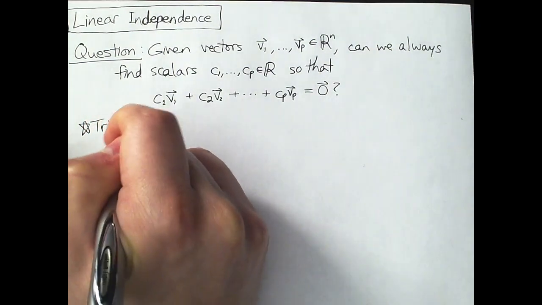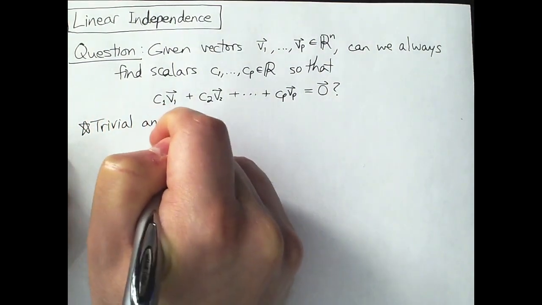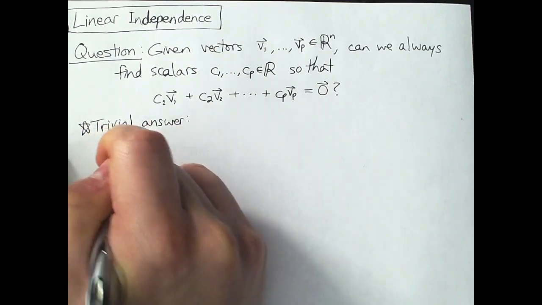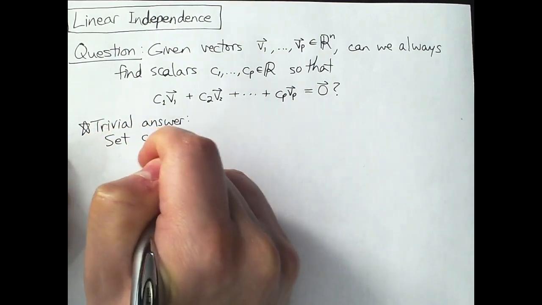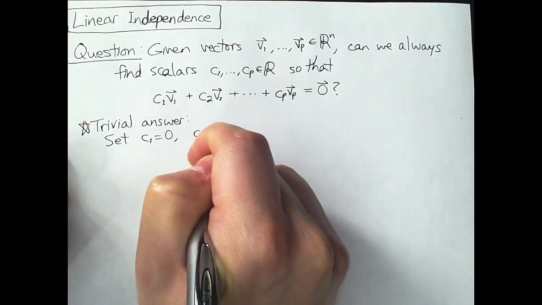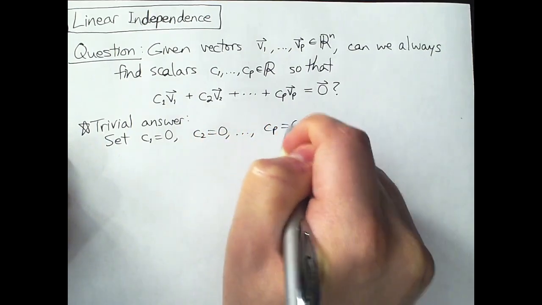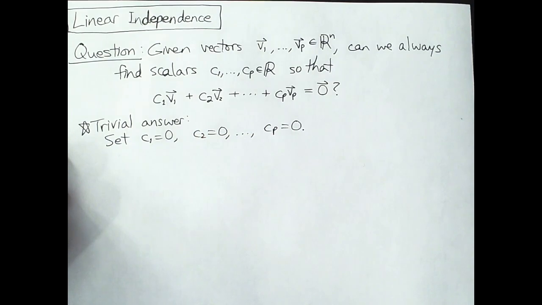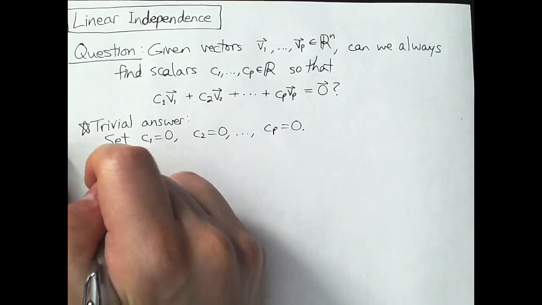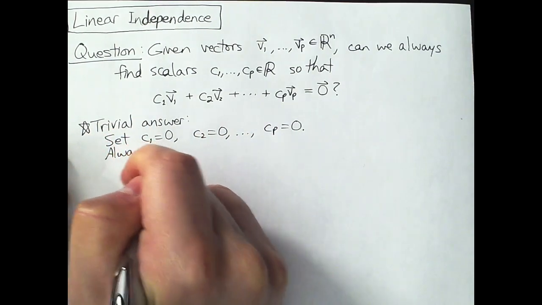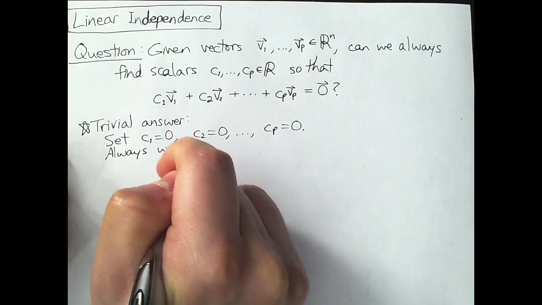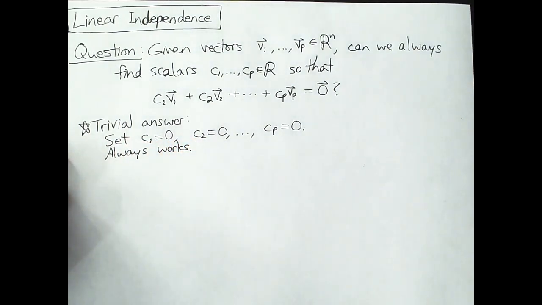Well, the trivial answer, some of you may have noticed, is what if you set these all to zero? That always works. So the answer to the question is yes. Just set them all equal to zero.